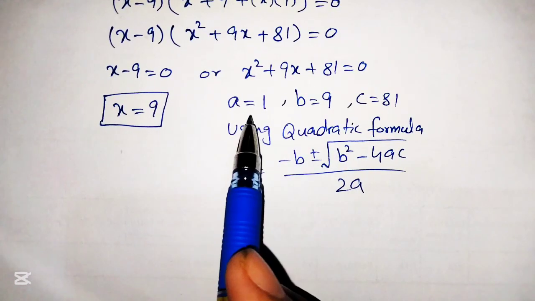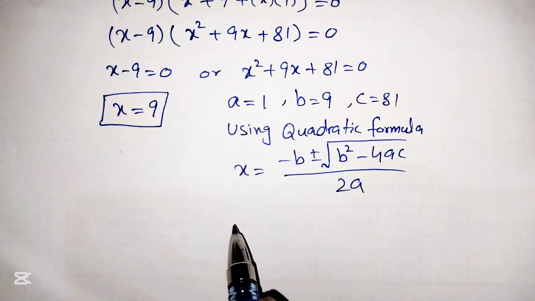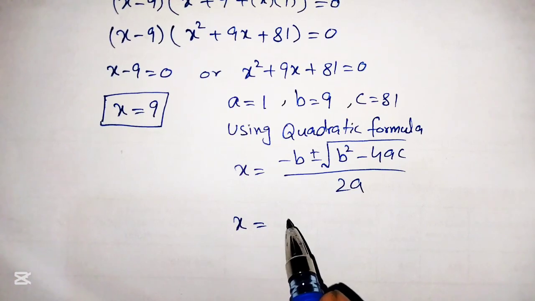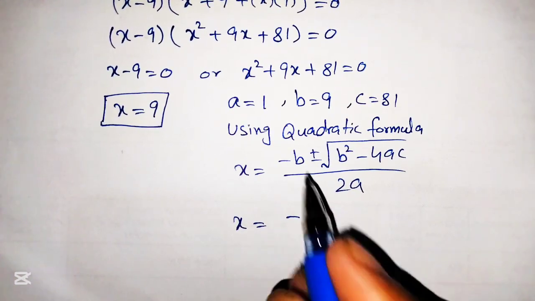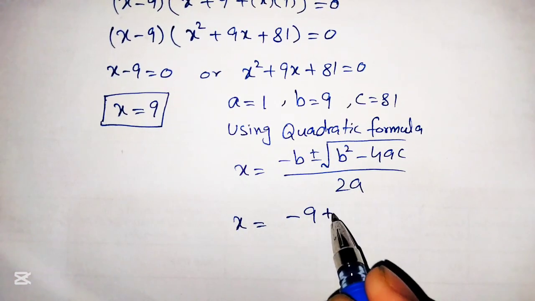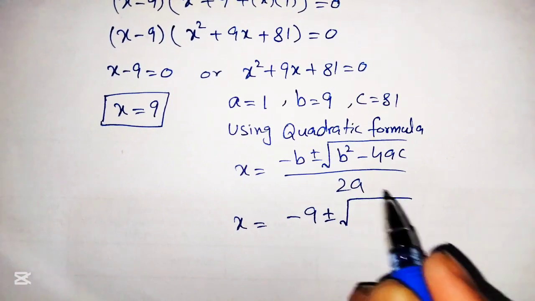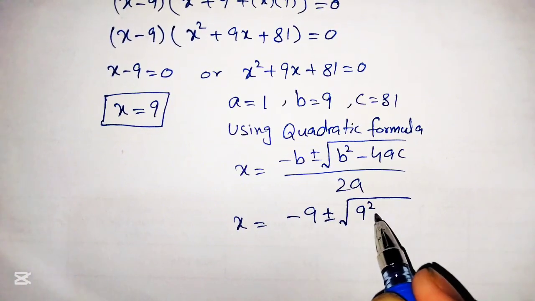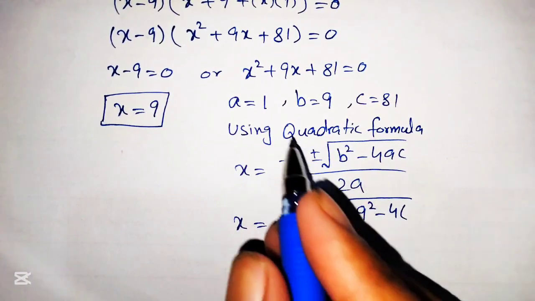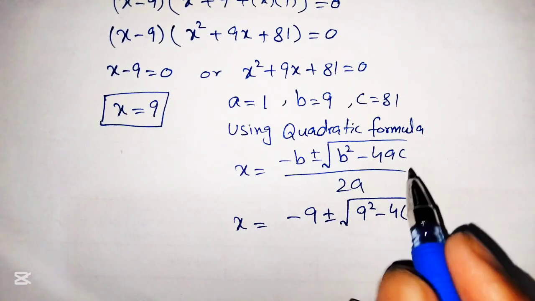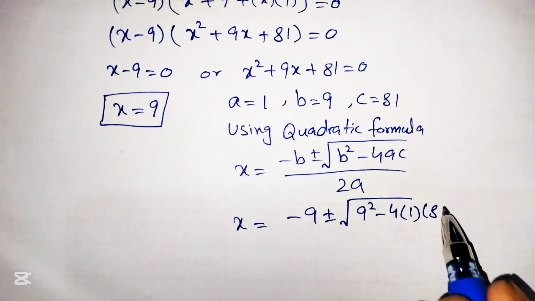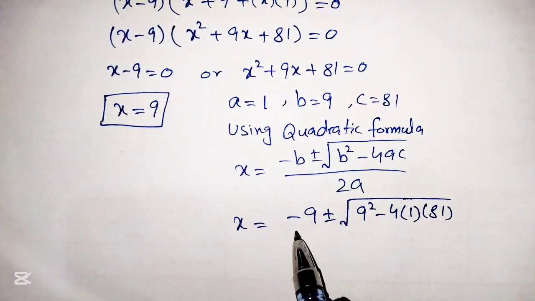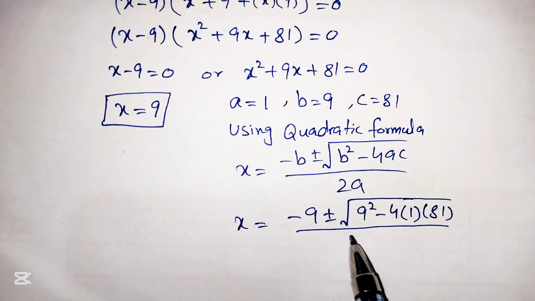Now putting the values of a, b and c in this formula, we will get x is equal to minus 9, that is b is equal to 9, plus minus square root of b square, that is 9 square, minus 4 times a, which is 1, times c, which is 81, over 2 times a, that is 2 times 1.